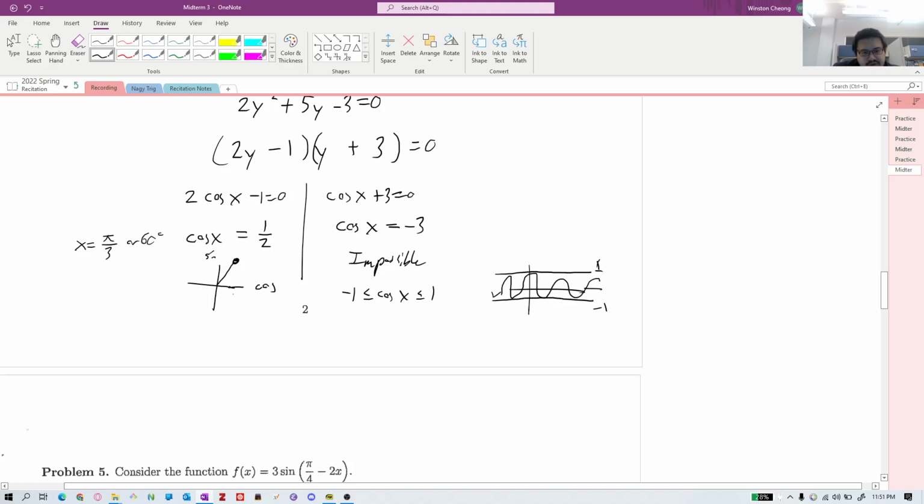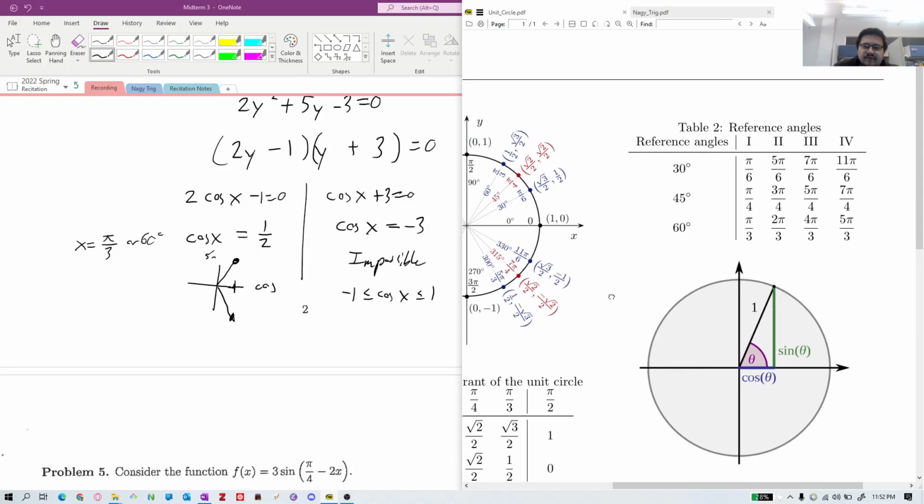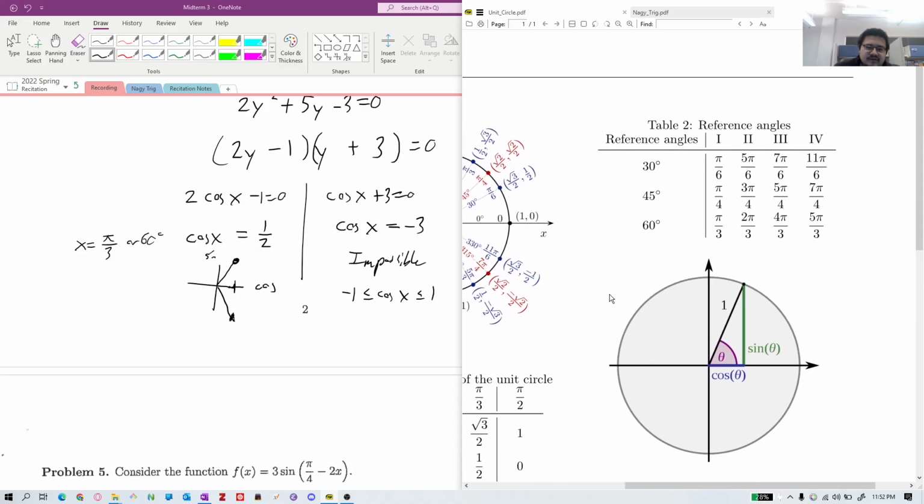So there's only one other place on the unit circle where that happens. Whatever this angle is, it's going to have the same reference angle, 60 degrees, or pi over 3. So we're asking, what is the 60-degree angle in the fourth quadrant? Well, it's going to be 5 pi over 3.